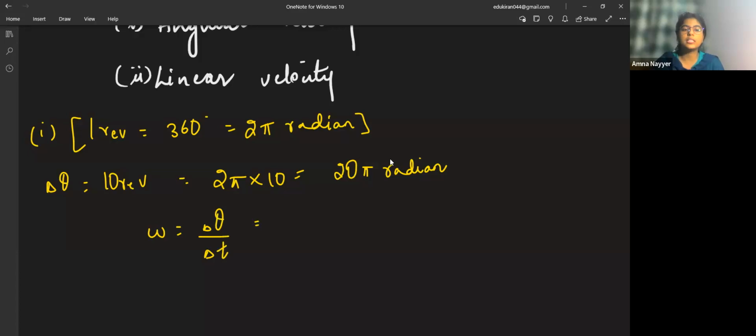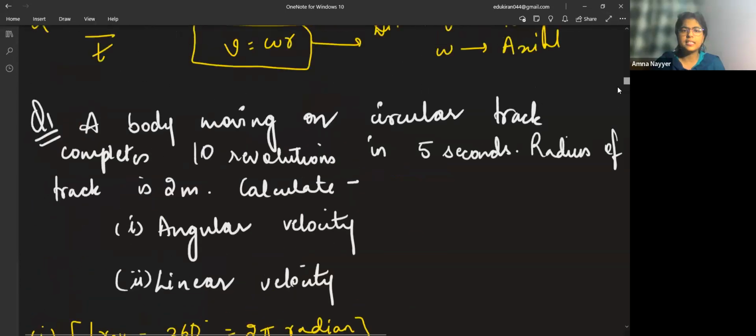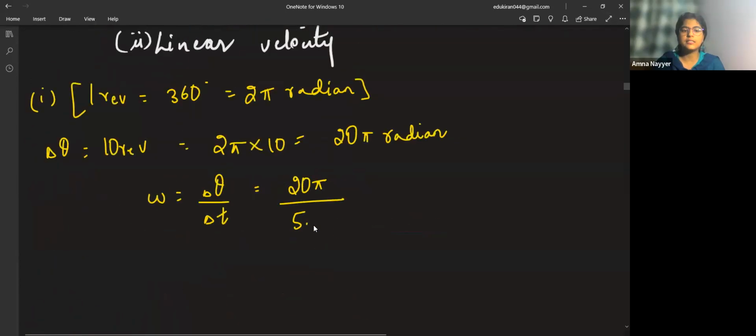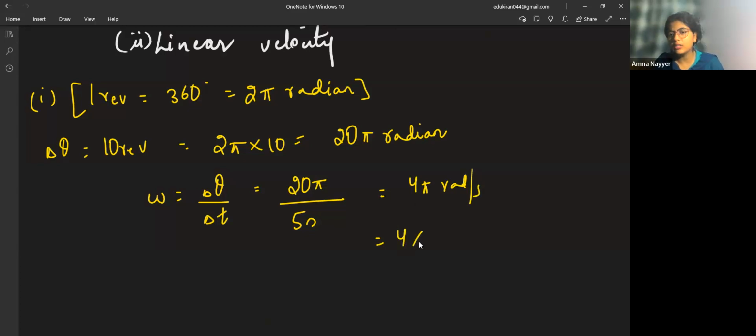Delta theta is 20 pi, and the time is 5 seconds. So that becomes 20 pi by 5, which is 4 pi radian per second. If you want, you can put the value of pi as 3.14, so this will be 12.56 radian per second. So this is the angular velocity.